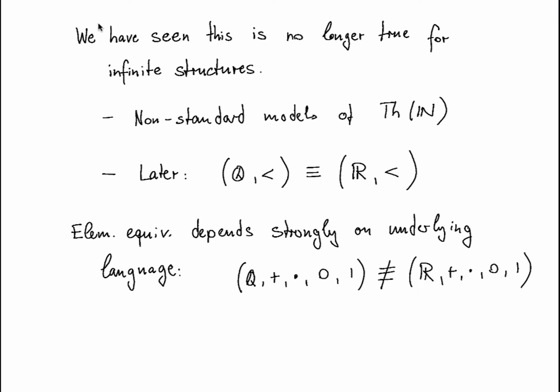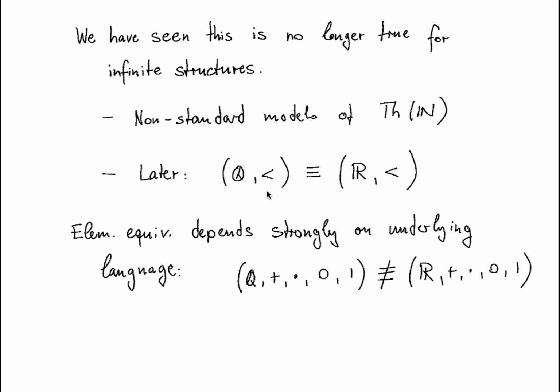We've already seen that this equivalence between isomorphism and elementary equivalence is no longer true for infinite structures. So for example, we've constructed, using the compactness theorem, non-standard models of the theory of the natural numbers in the language of arithmetic. And these models are clearly elementary equivalent to the natural numbers because they have the same theory, but they are not isomorphic.